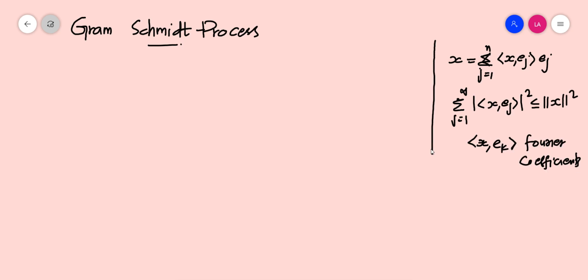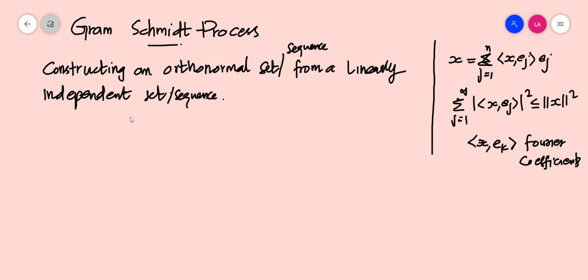Now, the Gram-Schmidt process of orthonormalization deals with constructing a class of orthonormal sets from a given linearly independent set. If you are given a linearly independent set consisting of finitely or infinitely many elements, using that set we can construct a new set or sequence of orthonormal sets, which means pairwise orthogonal with norm 1. So the process is as follows.